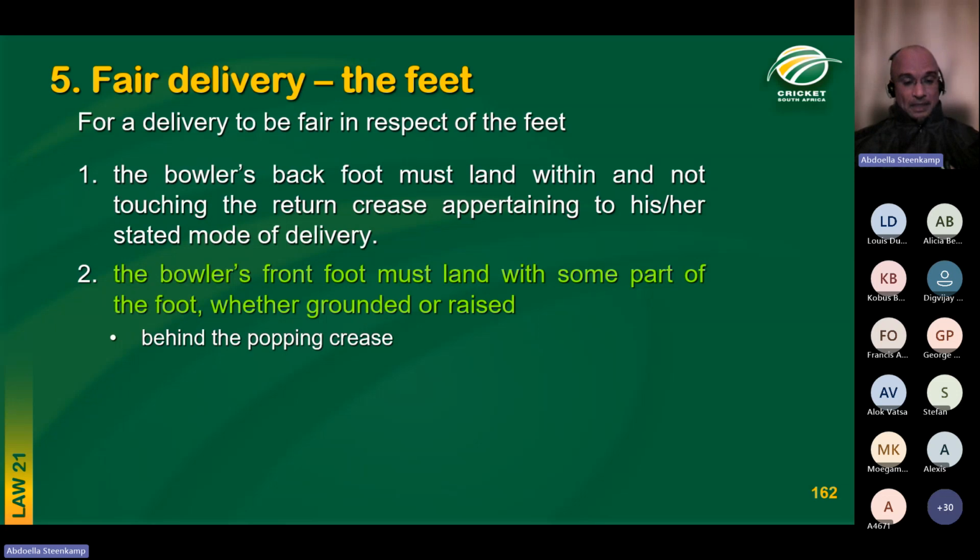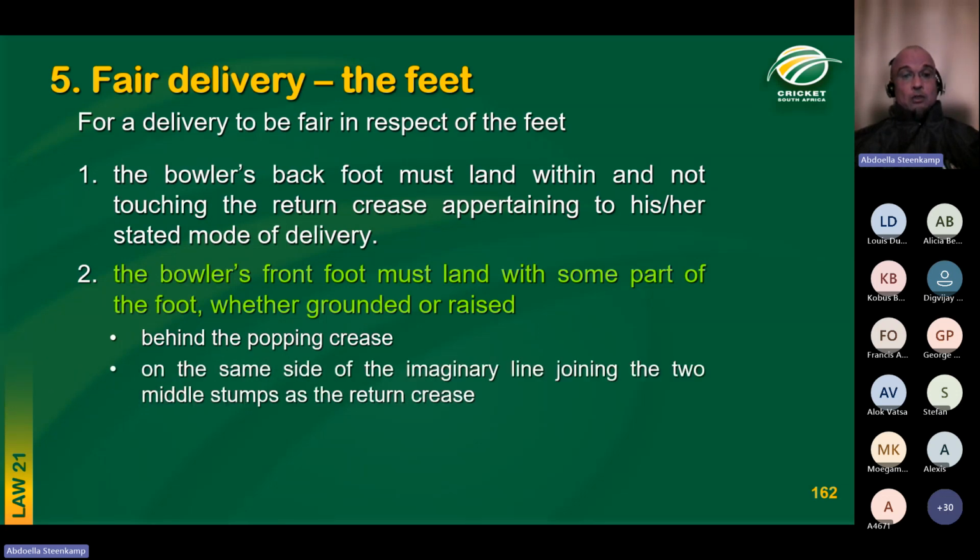Also, when that front foot lands the first time, it needs to be on the same side of the imaginary line joining the two middle stumps as the return crease. Bullet point number 2, there is a picture in later slides that will illustrate bullet point number 2 clearly.